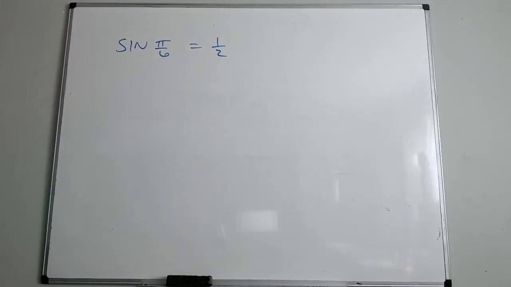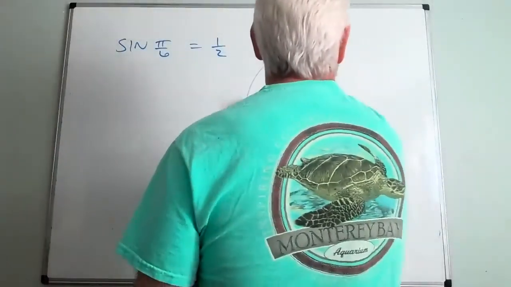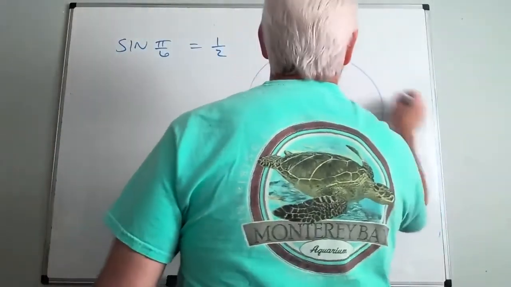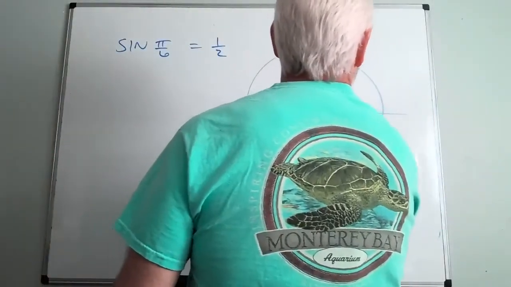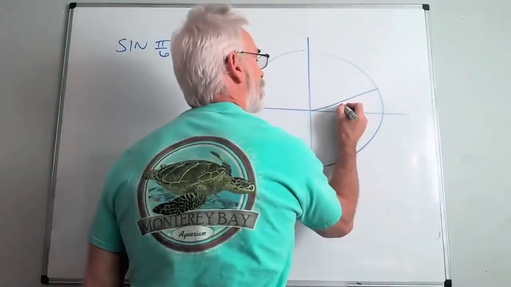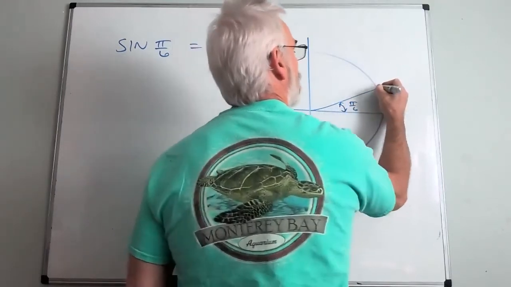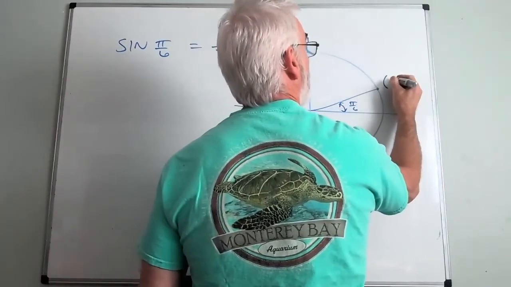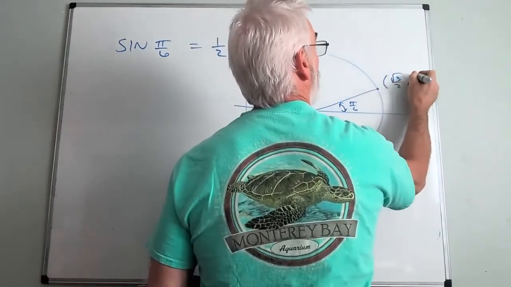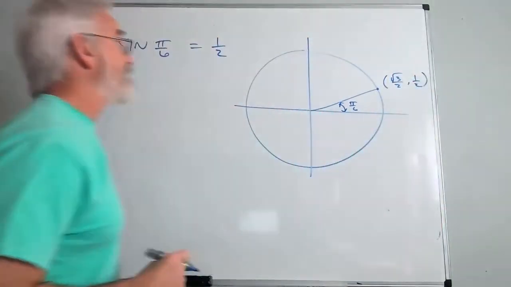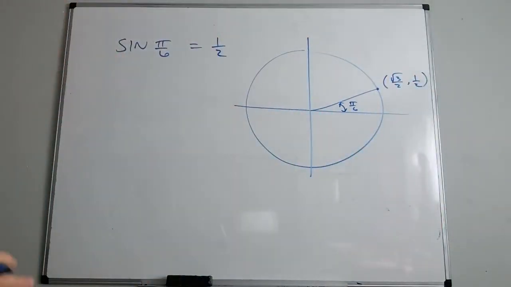So on my unit circle, there's pi over 6. And that would be the point on my unit circle, root 3 over 2, comma 1/2. The cosine of pi over 6, we know is root 3 over 2. Piece of cake.